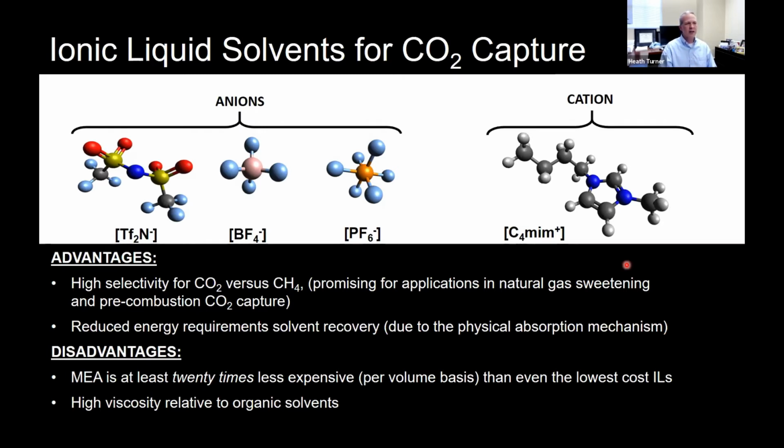Also, if you look at ionic liquids, one of the physical property challenges that nobody has been able to get around yet is the viscosity. Viscosities are very high, and it makes it very difficult to use these in applications. So with all of that said, we're looking at different alternatives, and in a lot of our applications, we're looking at membranes. If you take some of these ionic liquid functionalities and put them in membranes, you can get around a lot of these challenges.